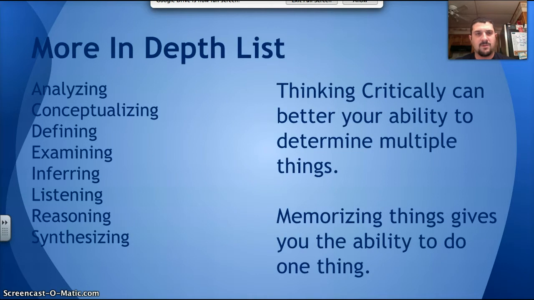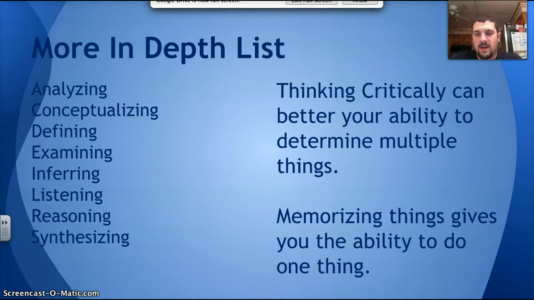After that, I just put a simple, more in-depth list that we can look at. It goes further in, and the first thing is analyzing, and then conceptualizing, defining, examining, inferring, listening, reasoning, and synthesizing. Thinking critically can better your ability to determine multiple things, figuring out what you can do in different situations.